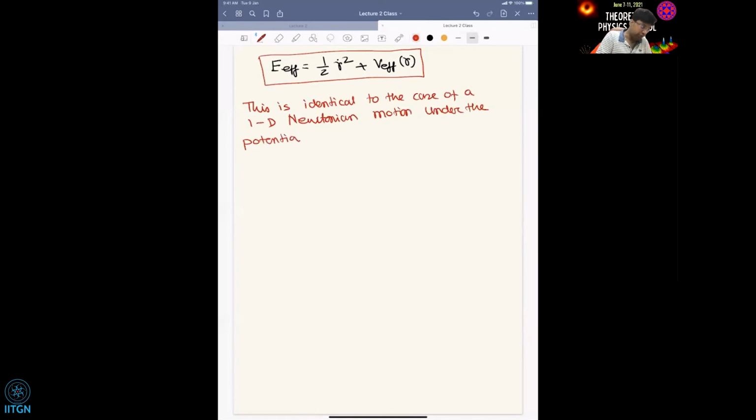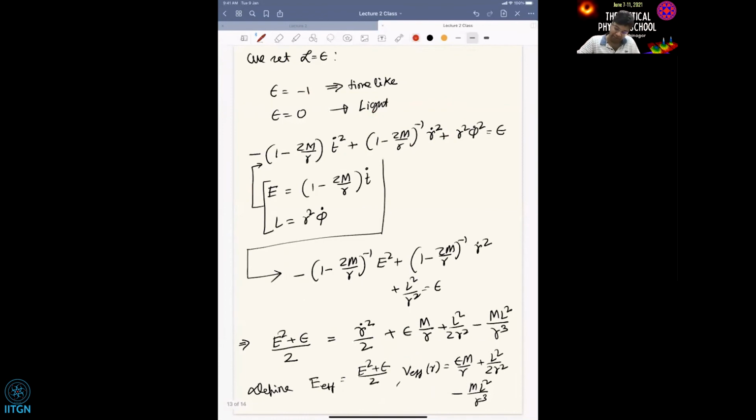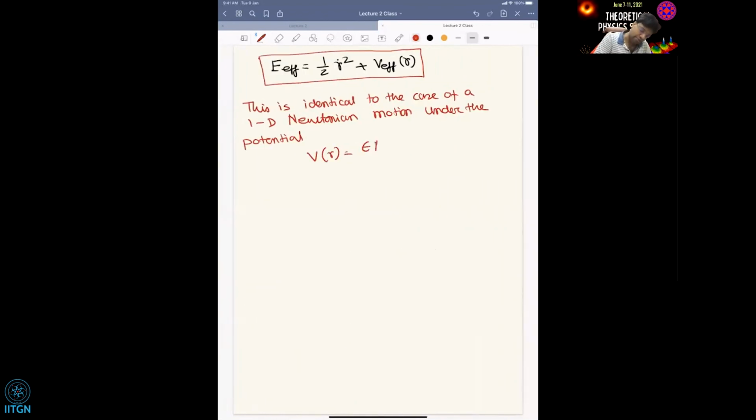So what is the potential? The potential is V of r equal to, except for this part which I will explain, epsilon m by r minus m L square by r cube. Remember, this capital L is the angular momentum.